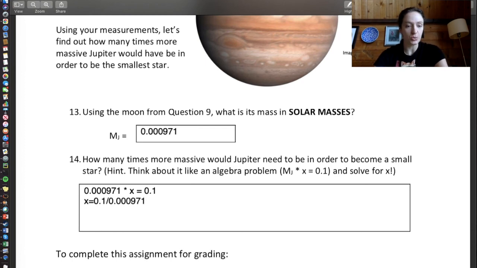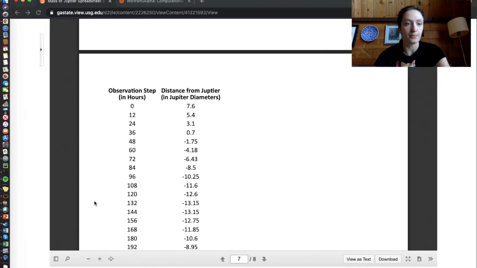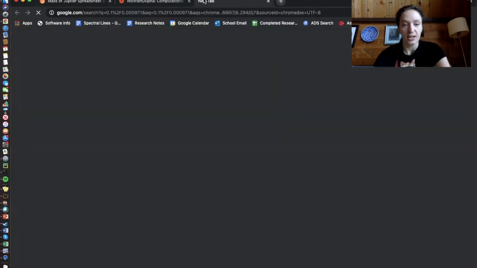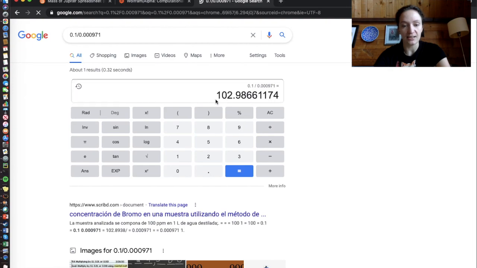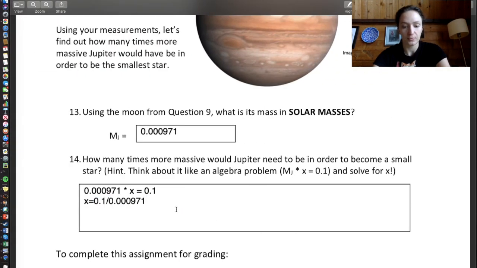You just pop that into a calculator, and that gives you x. I'll just do that for you guys. Why not? Just pull up a Google tab and pop that in there. That's 102.99. So meaning Jupiter would have to be 103 times bigger in order to be a star. So it's really not all that close to being a star.